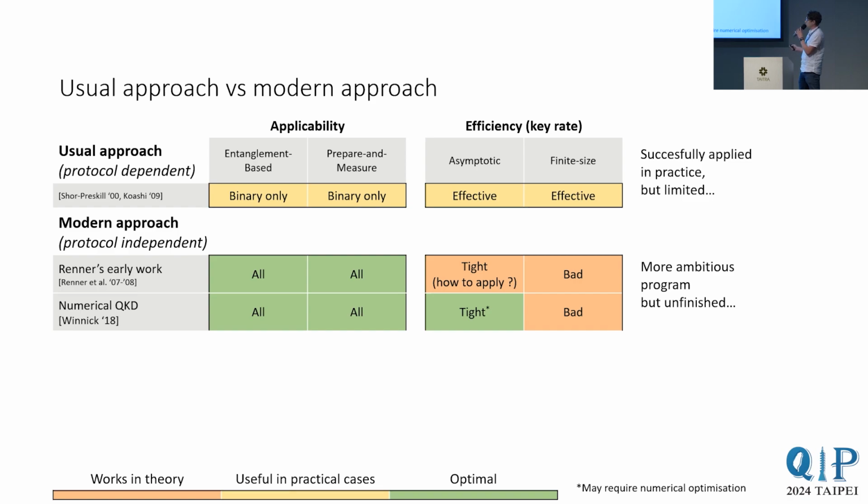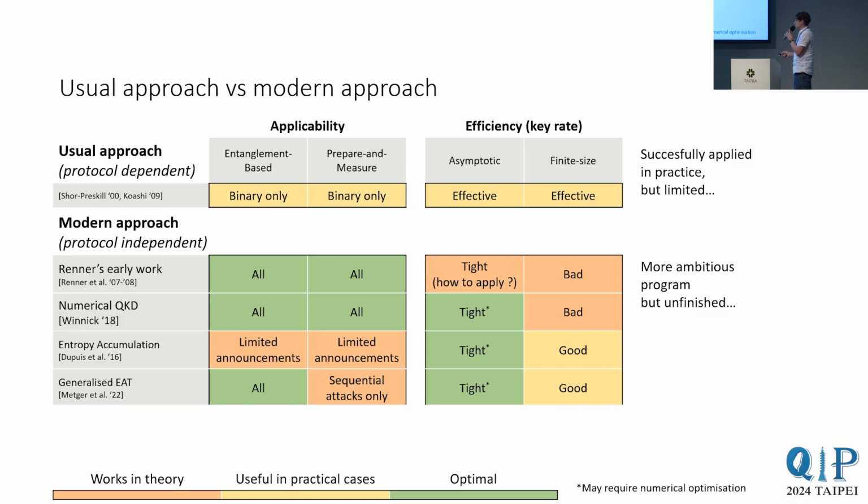The problem is that these methods are limited at the finite size level, making them not applicable in real-life situations, especially when you compare this to the usual approach, that is maybe not as general, but at least provides security for reasonable block sizes. So the question is, can we try to solve these limitations of the modern approach so that you can finally use it in practice?